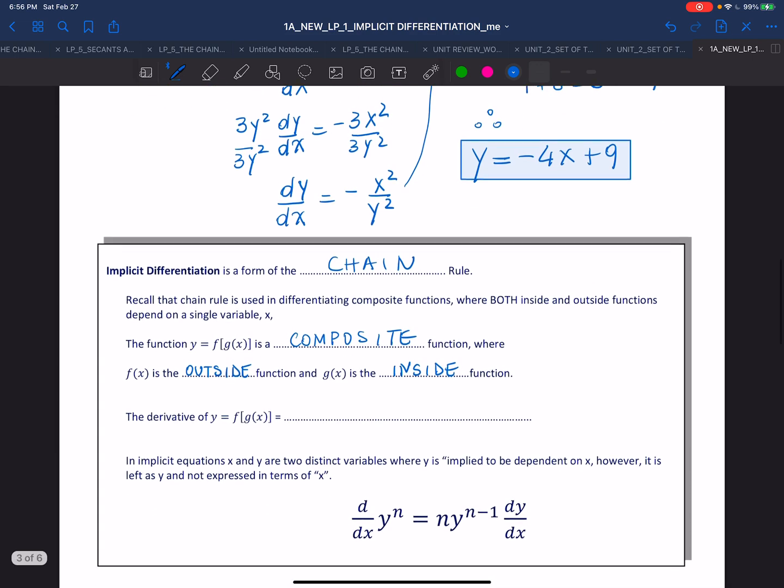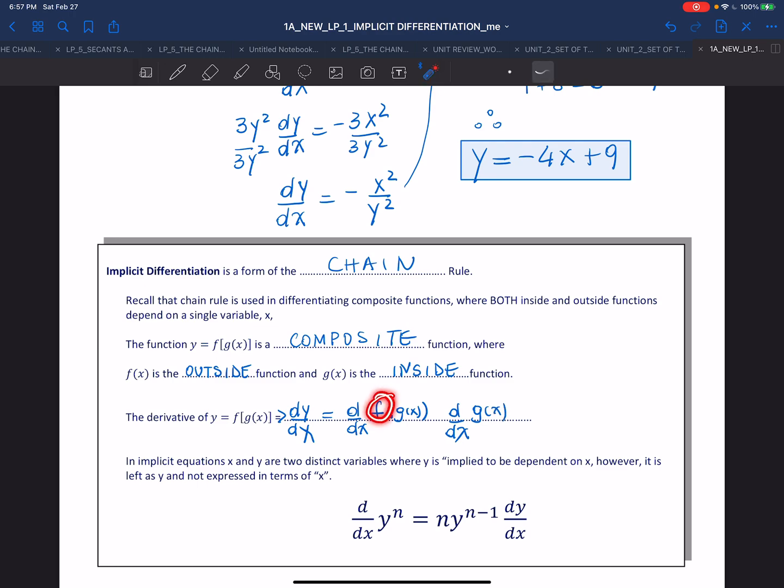we said that the derivative of y equals f of g(x), so dy/dx would equal the derivative of f times the derivative of the inside. But we know that both functions, f and g, will be dependent on x.